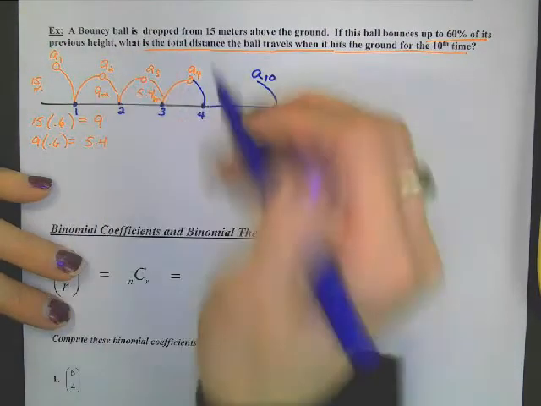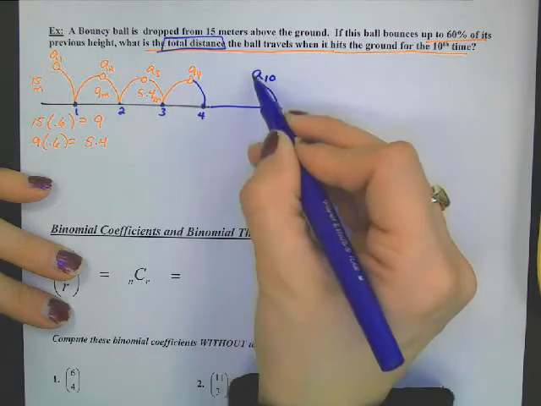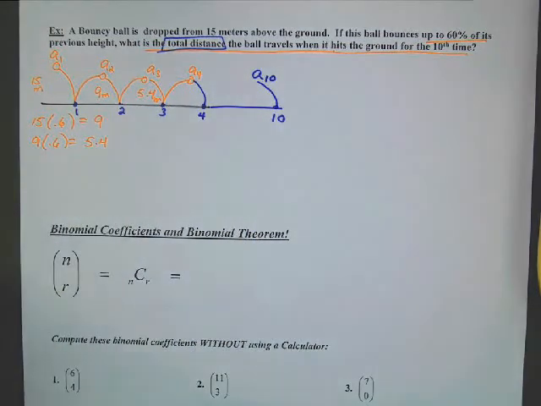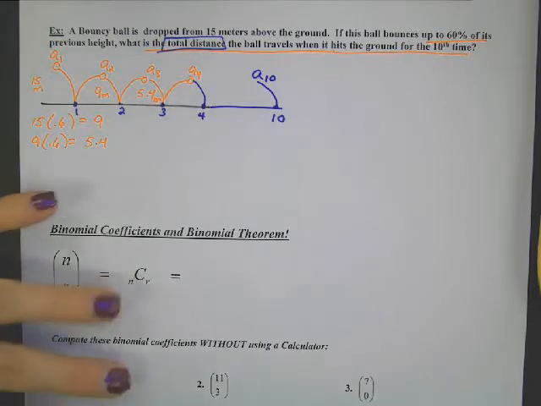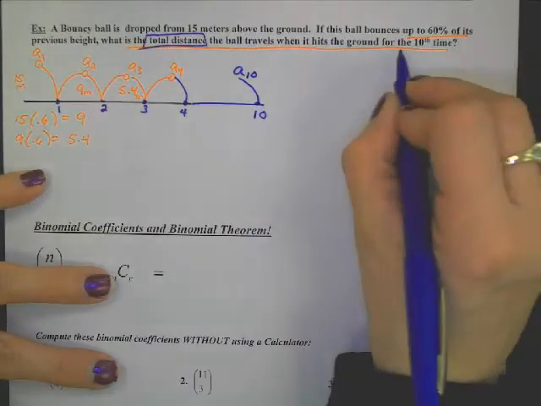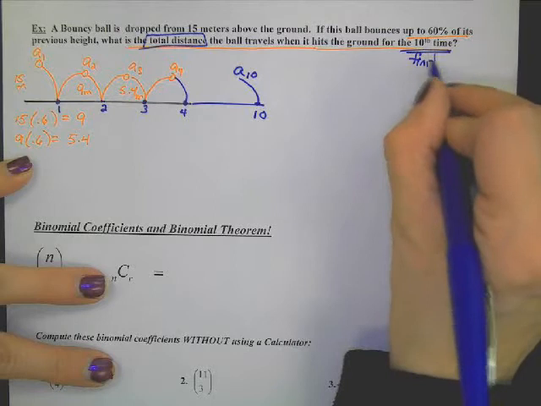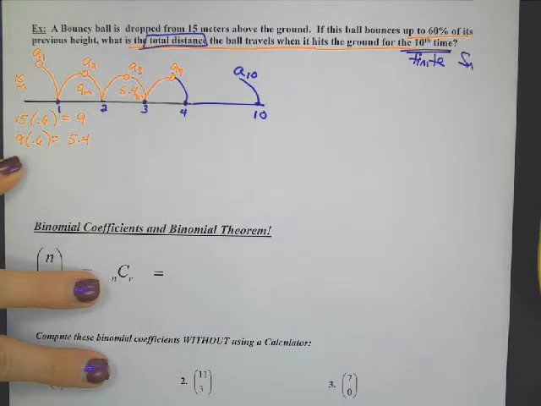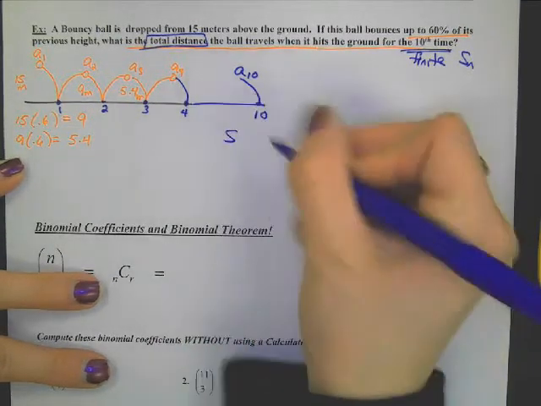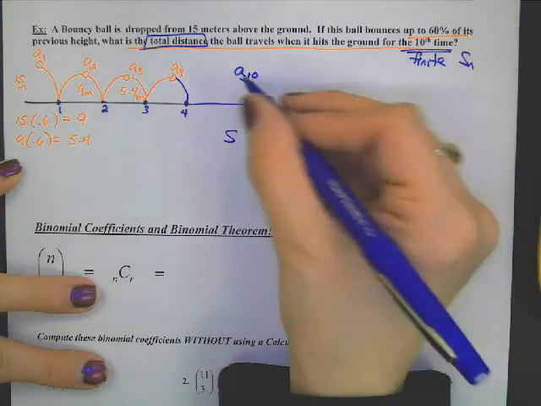So I need to find the total distance when it hits the ground for the 10th time. So it's not a term, it's not a height. This is going to be a sum. Is it going to be finite or infinite? Okay, this is going to be finite. This is going to be an S sub n problem. And we're going to sum how many? 10.